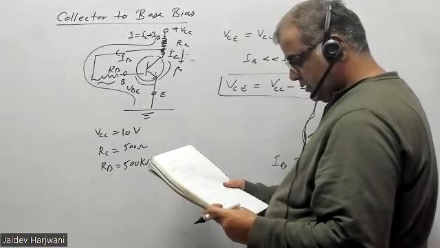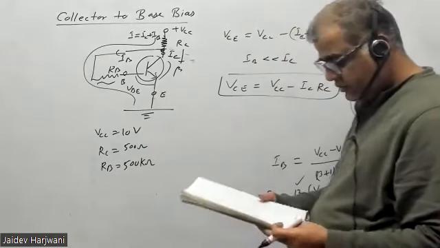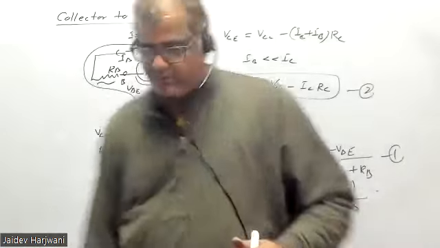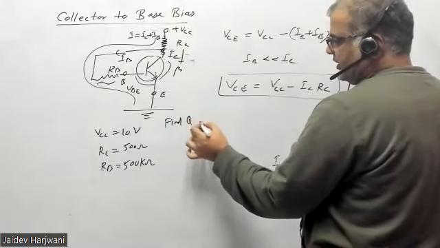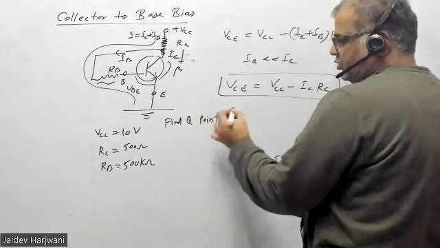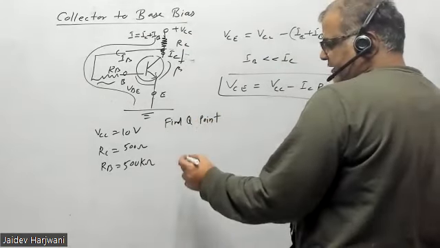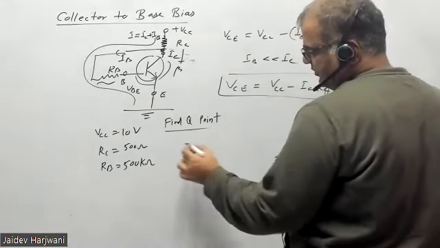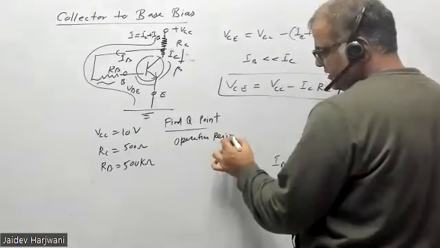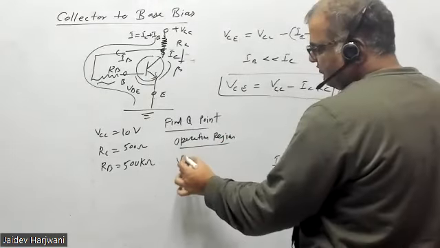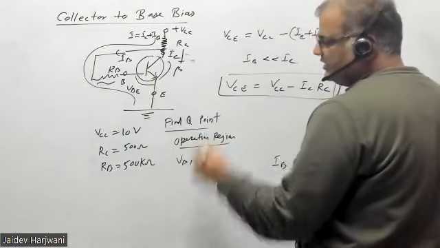You need to find the Q point, and also find the operation region. At the same time, find VB and VC.